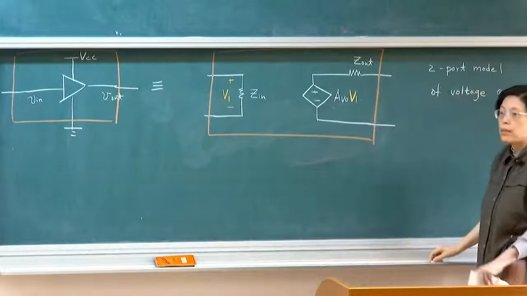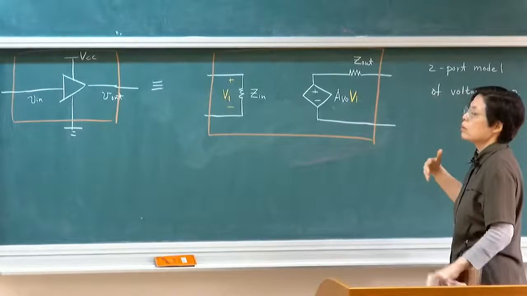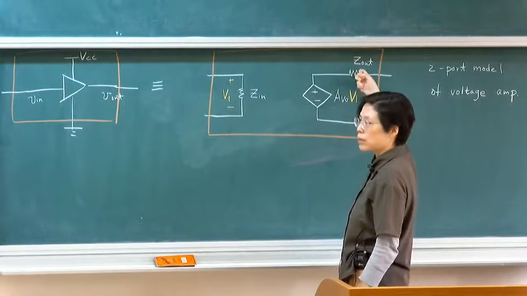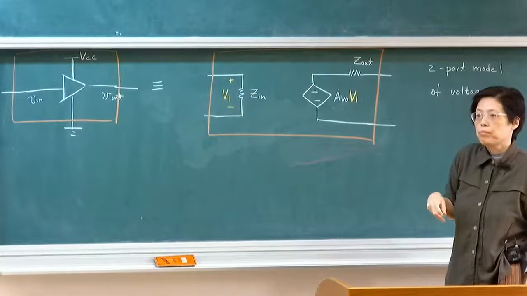If this is my voltage controlled voltage source, what do I look for in input and output impedance? Does anyone know? What do I want?